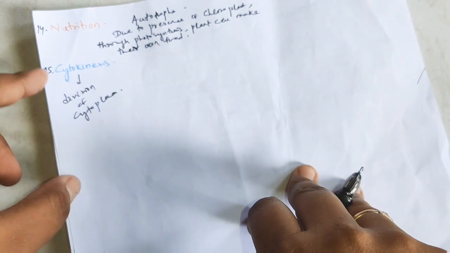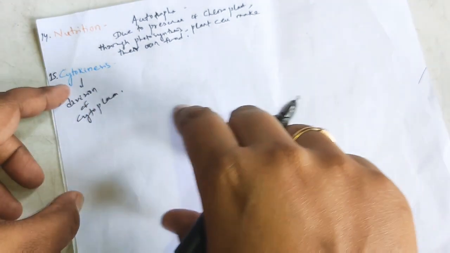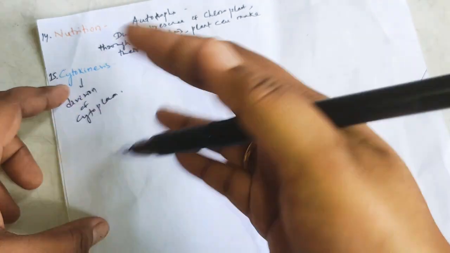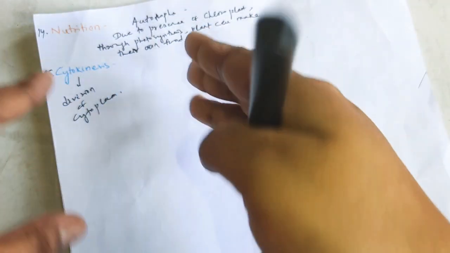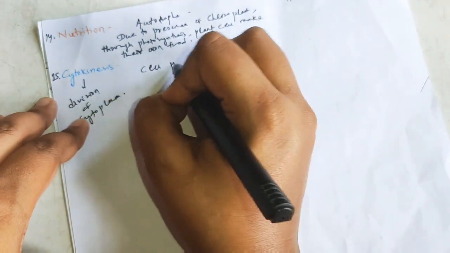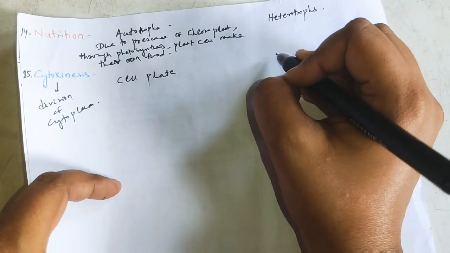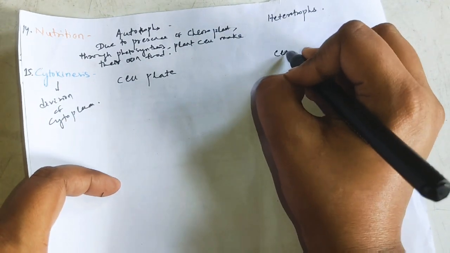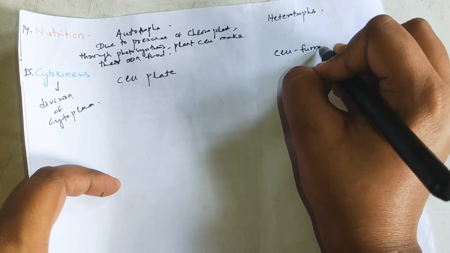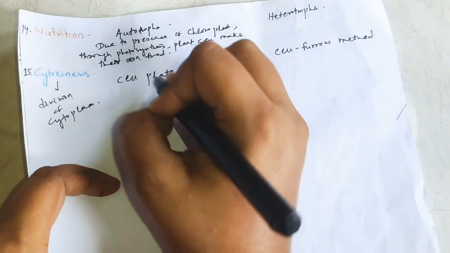In the cytokinesis process in plant cells, the cell wall is formed before the separation. The division occurs in a cell plate manner. Here the cell plate forms. And in animal cells, the furrow method. Here you can say cell plate method.